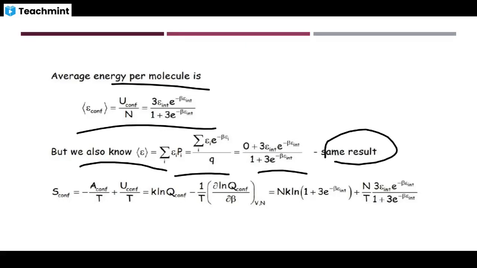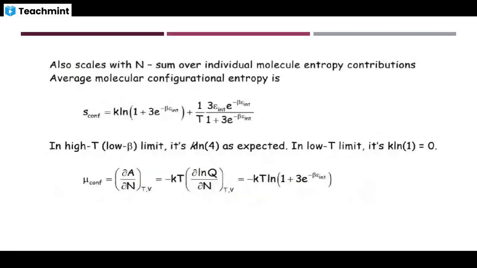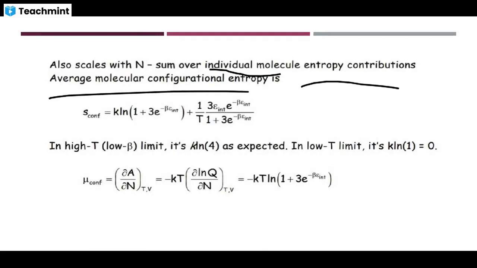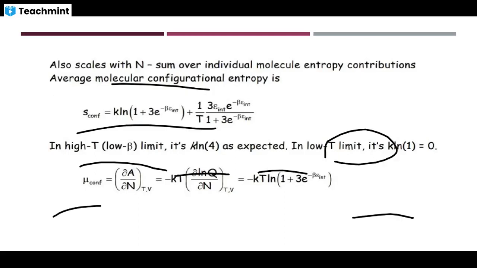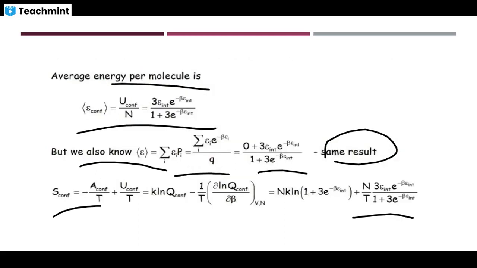You get entropy S also with the same result, so it also scales with N. It is a sum over individual molecules' entropy contributions, and the average molecular configurational entropy just scales with N. So you get the answer. Here this equation becomes this.